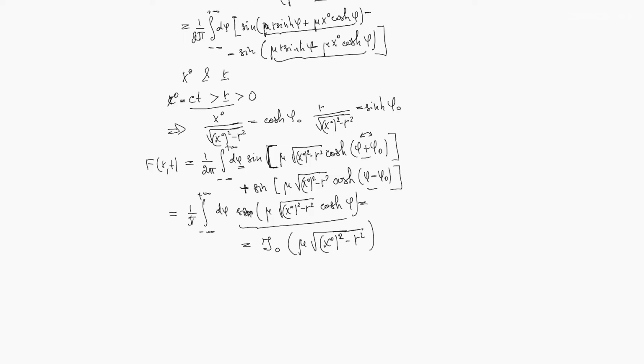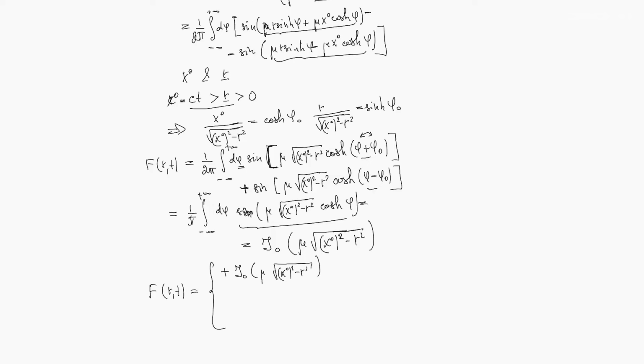And if you now do this calculation for other inequalities between CT and R, you will find the following combined answer. You can do it yourself or during the seminar. So you will find plus J0 of mu square root of x0 squared minus r squared for the case when CT is bigger than R. That's what we have done.